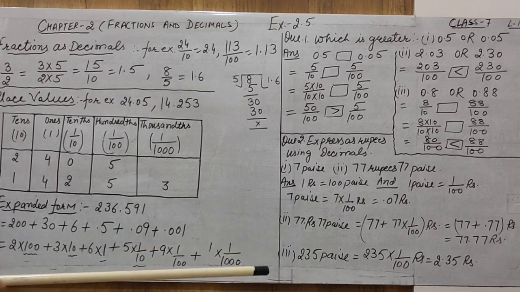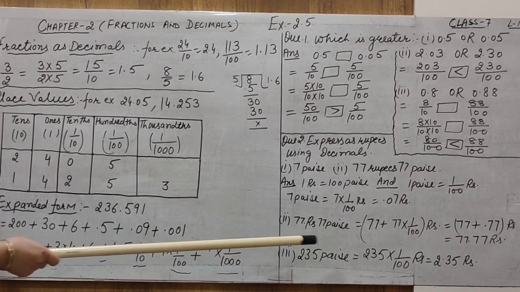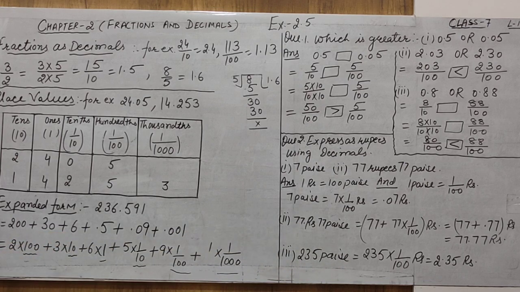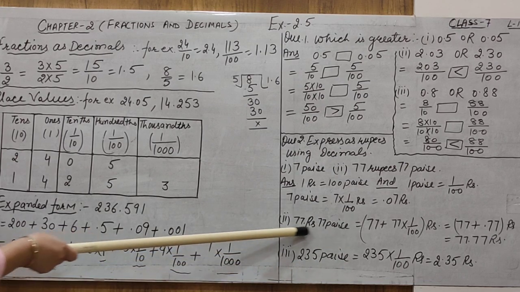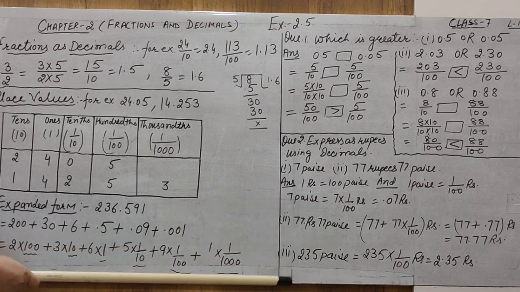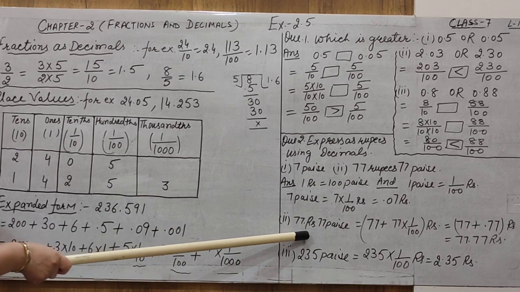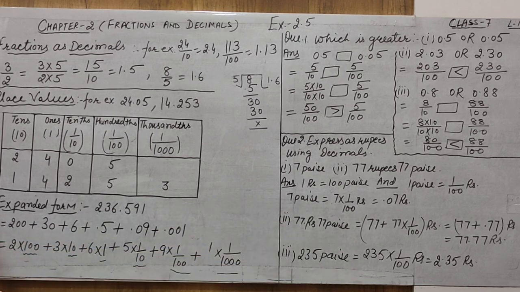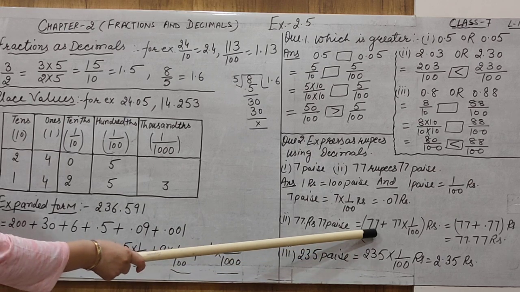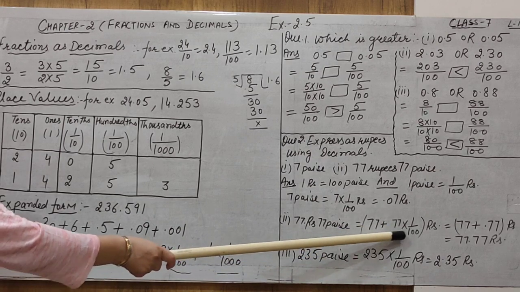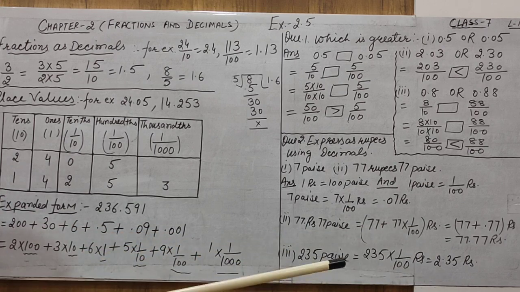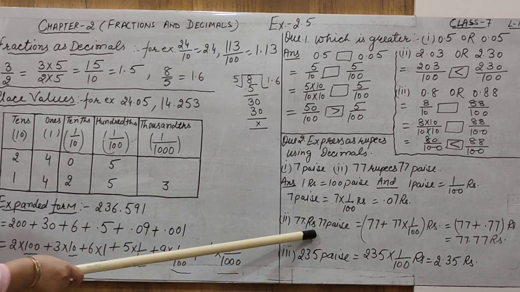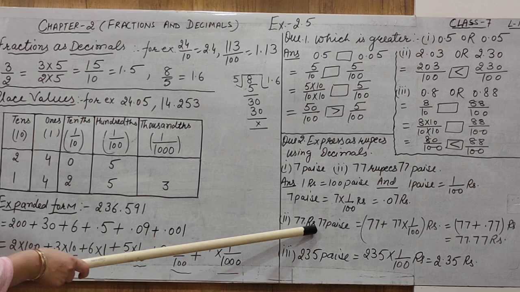Now next is 77 rupees 77 paisa. These are the total amount is given. Now how we can write when some amount in rupees given and some amount in paisa? We have to write 77 plus 77 multiplied with 1 upon 100, because this 77 is already in rupees.